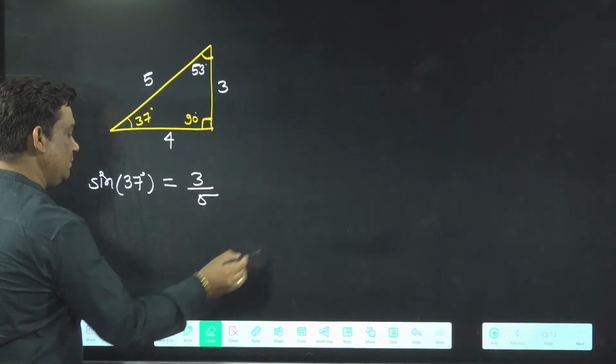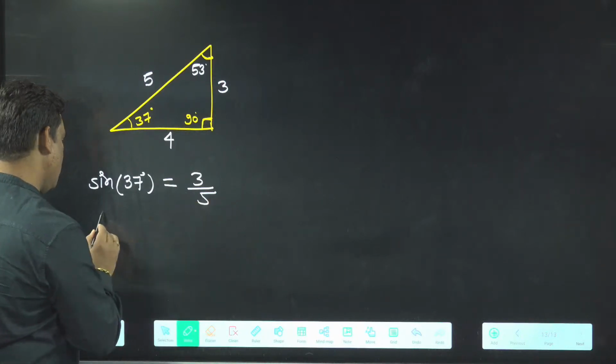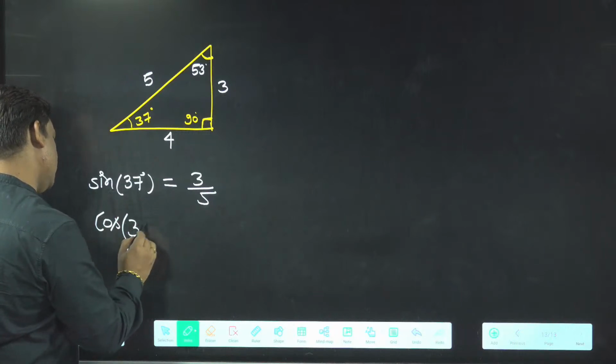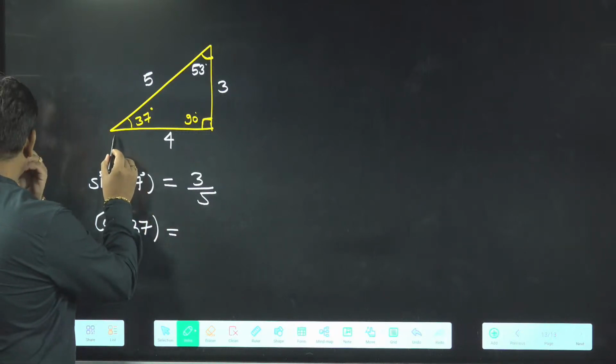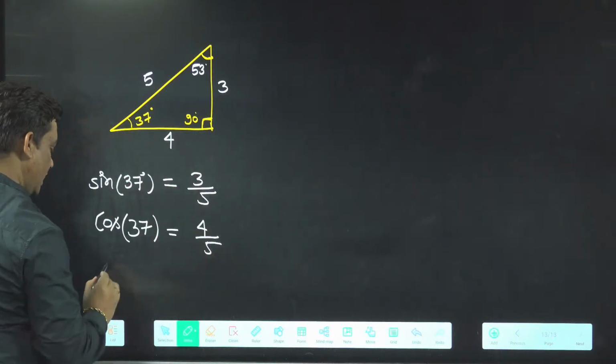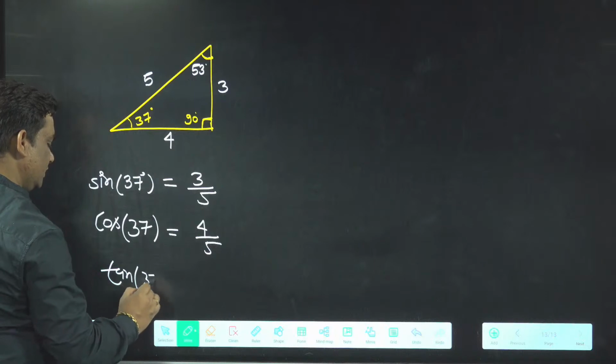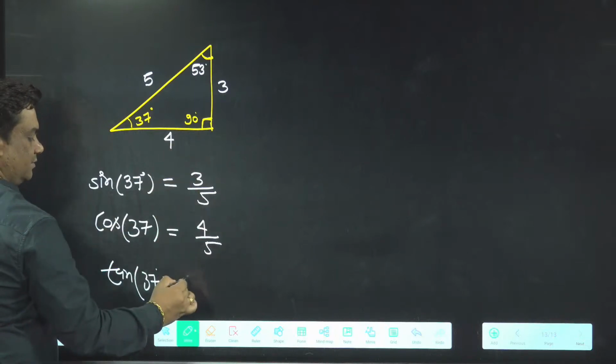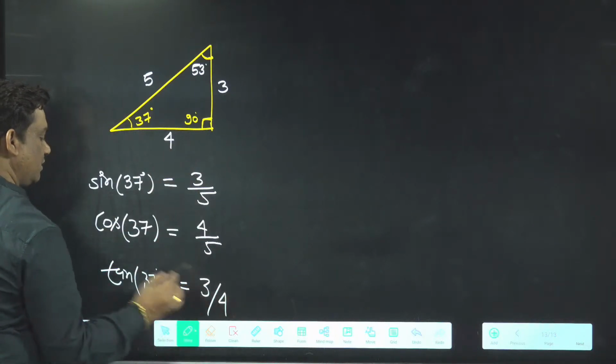Okay. What will be cos 37? Tell me cos 37. You can say base. For the 37, base is 4. So 4 by 5. And tan 37 will be 3 by 4. So I hope you can remember these values also.